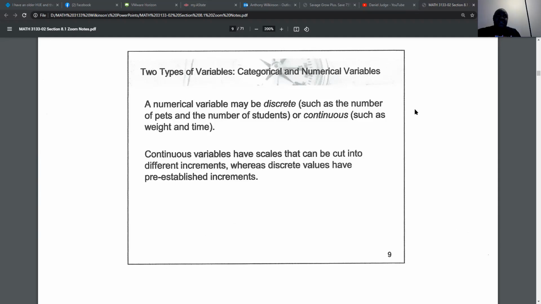When a person is participating in a track meet or race, the time that they complete that race can be measured to a precise number. Continuous variables have scales that can be cut into different increments, where discrete values have pre-established increments.